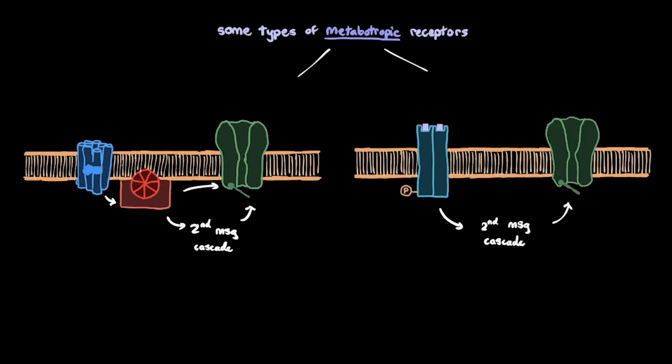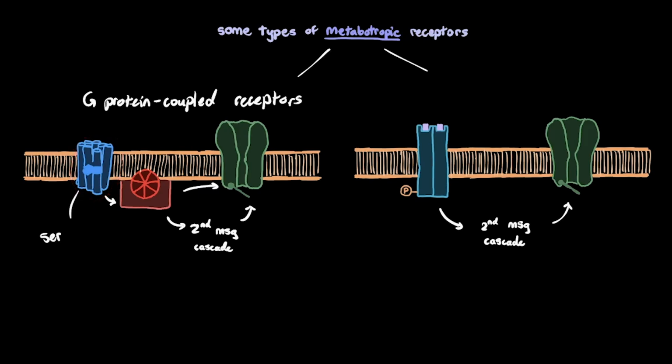The most commonly talked about type of metabotropic receptor is the G protein coupled receptor family, or GPCRs. And in this receptor family, you have the G protein coupled receptor, which is typically a serpentine receptor.